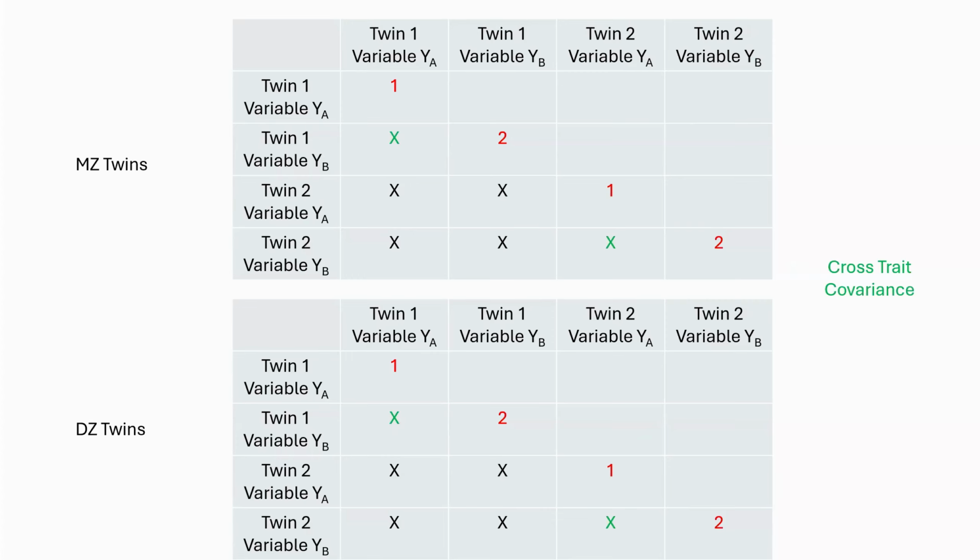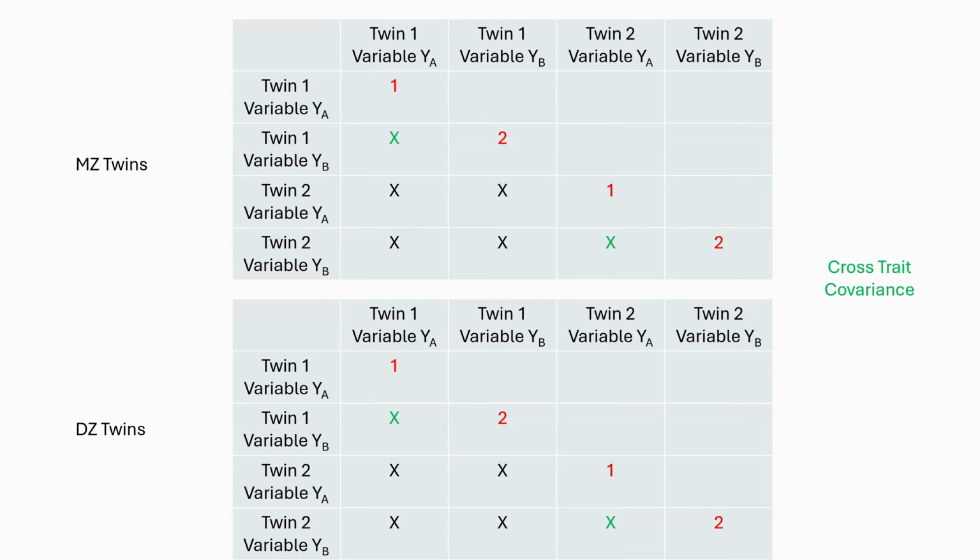The next piece of information comes from the cross-trait covariance. This is simply the within-person covariance between the 2 observed variables YA and YB. These entries sit just below the main diagonal, and are indicated by the green X's on the slide.